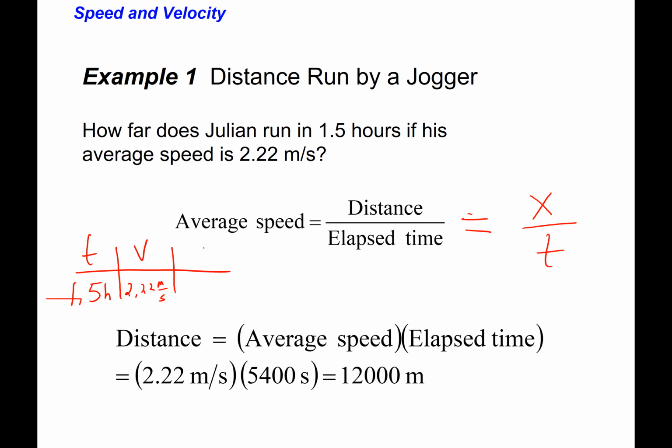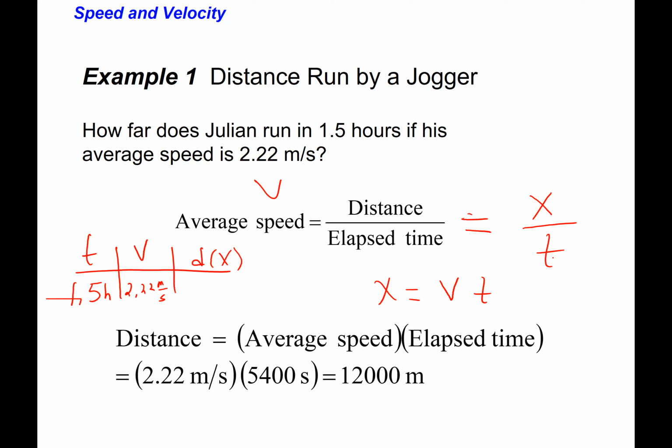And we're asked to find the distance. So clearly, if we have an equation that says speed equals distance over time, to solve for the distance, in this case, distance was represented by the variable x, then x, of course, is going to be speed times time.